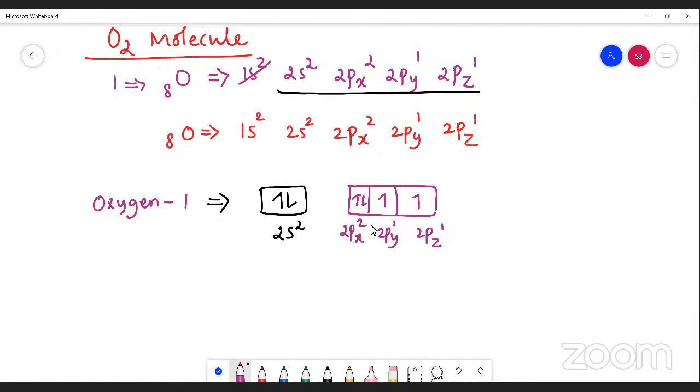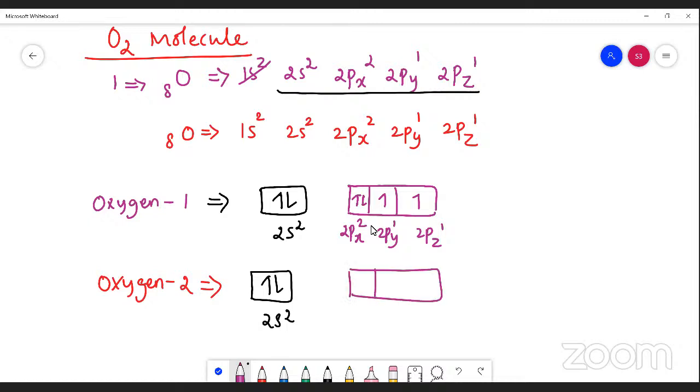Same way if you take the second oxygen. Okay, so here also the same type of orbitals are present. So 2s2, 2 electrons. And same way we take the p orbitals. So here also there are 3 possible orientations: 2px 2 electrons, 2py 1 electron and 2pz 1 electron.